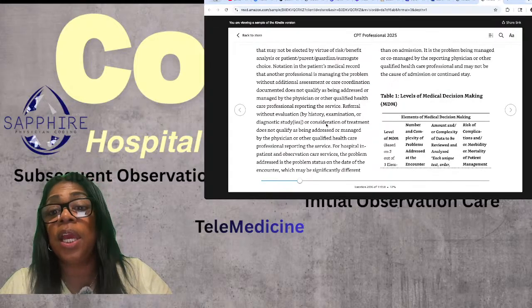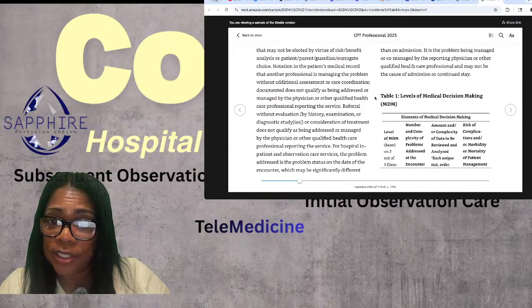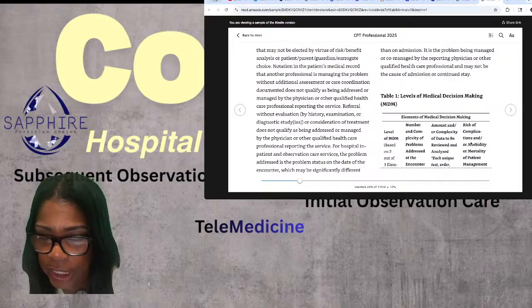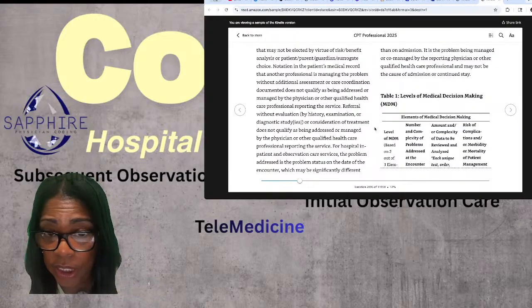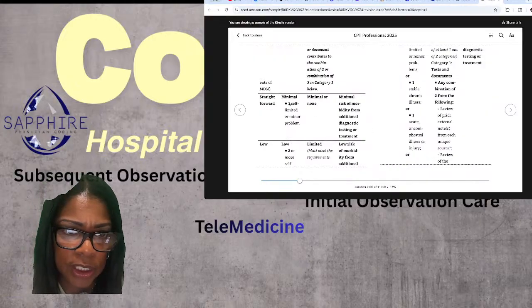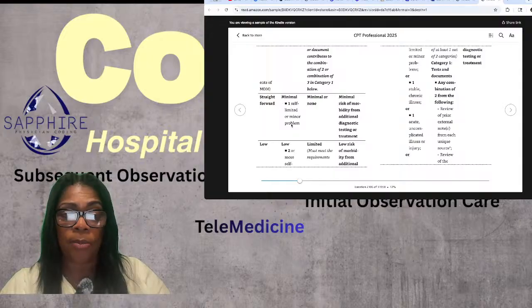Okay, so yeah, it's in here. So look, you see this right here? Table 1, level of MDM, medical decision making. It looks a little funky, I guess, because it's an ebook, but this is what I want you to read. You see where it says straightforward, minimal, one self-limited or minor problem.